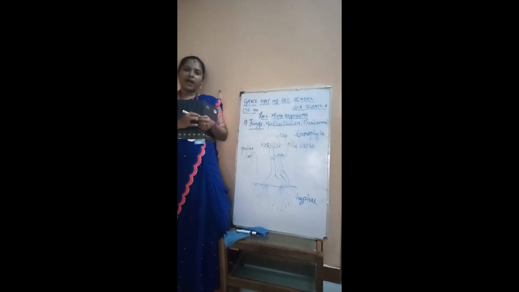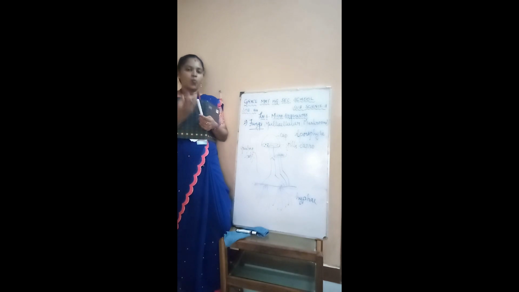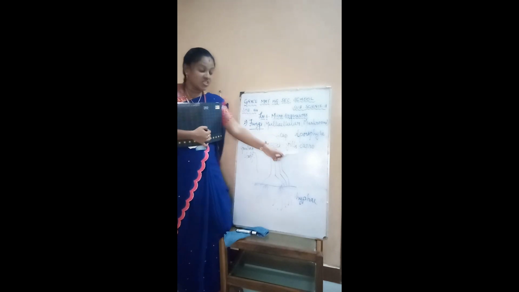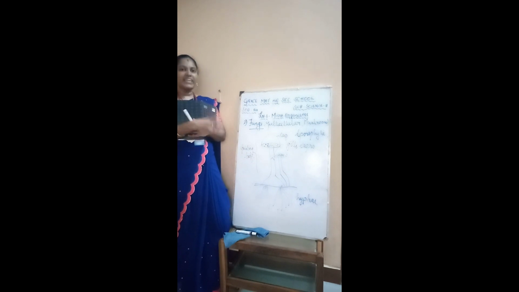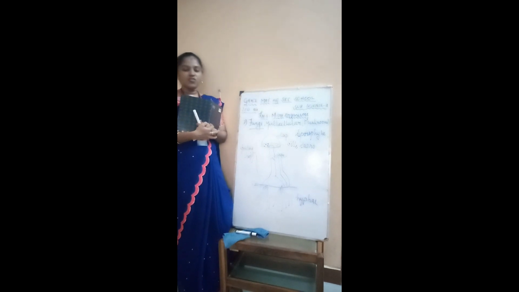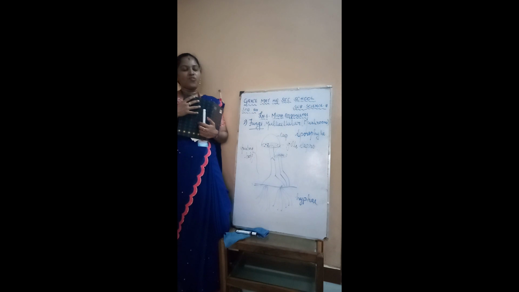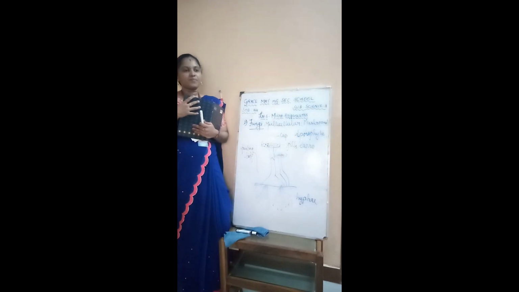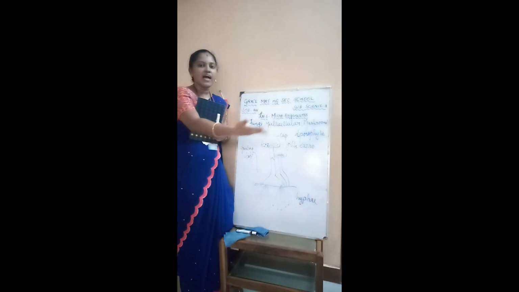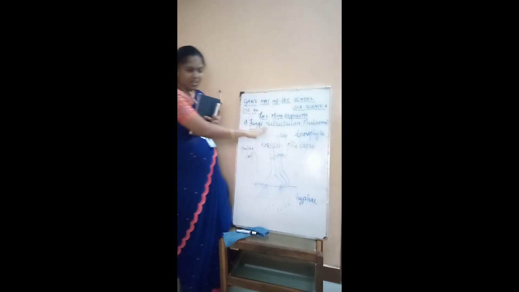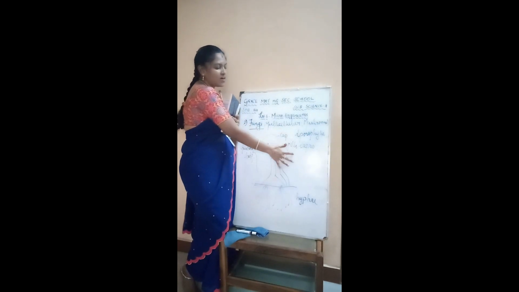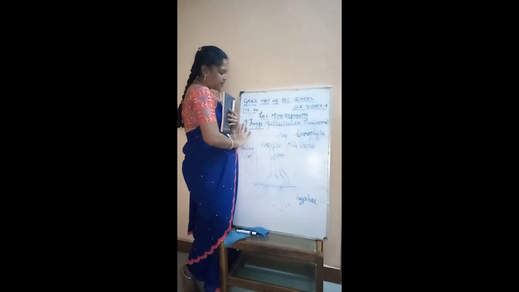Saprophytic is nothing but those fungi which can survive on dead, decaying organisms. That is called the saprophytes. Next, parasites, which survive on another host organism. So this is more about the different forms of the fungi.